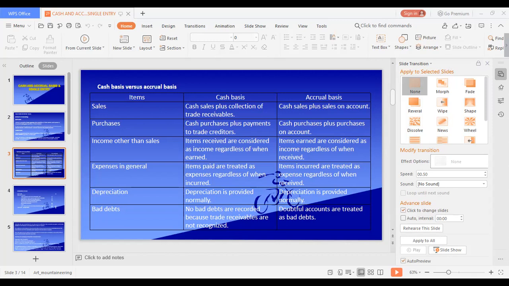So your entry will be to debit supplies expense by 760,000 and credit supplies inventory.